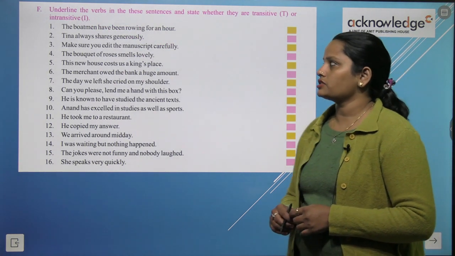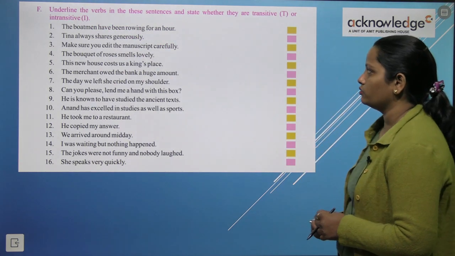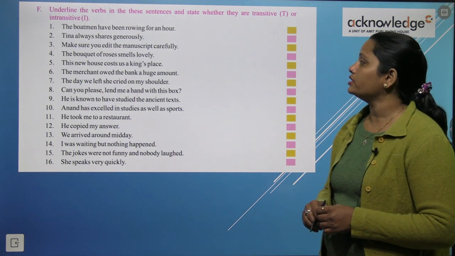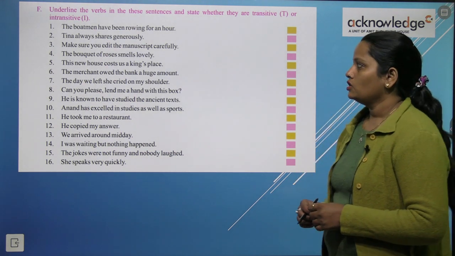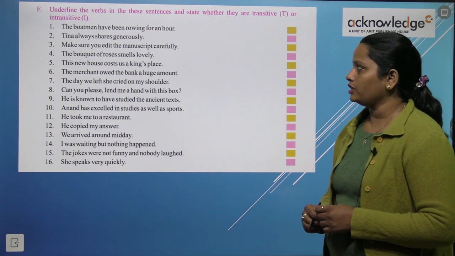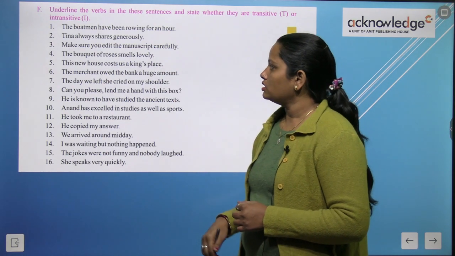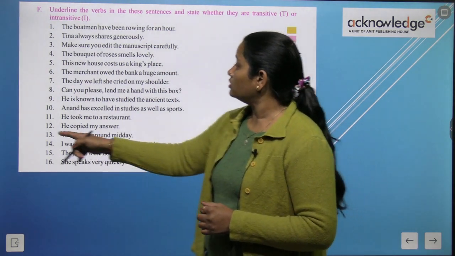Now the next exercise is, here you have to underline the verb in these sentences and write whether they are transitive or intransitive. So the boatmen have been rowing for an hour. So here rowing is the verb here.